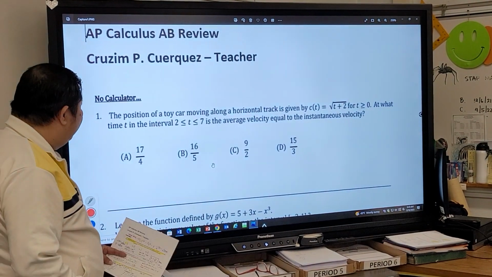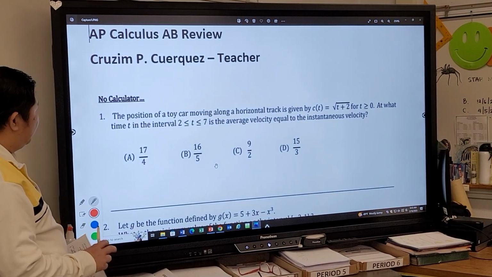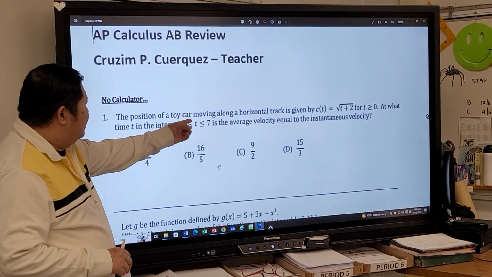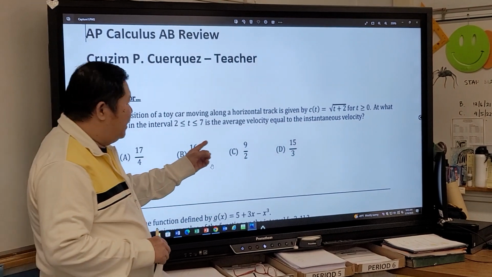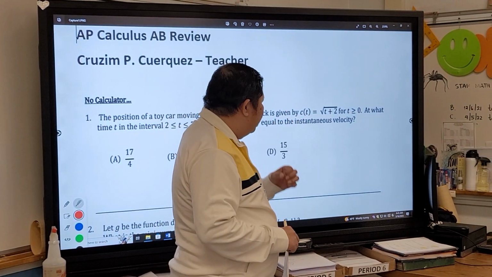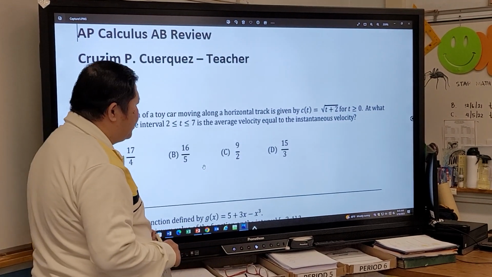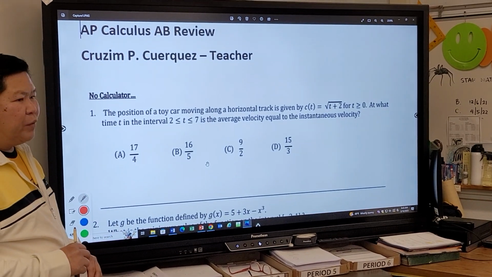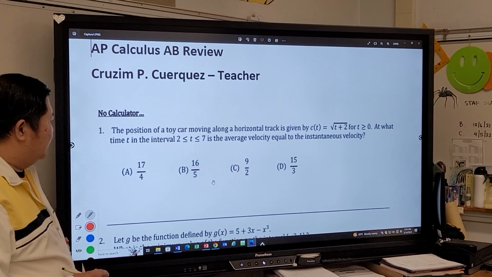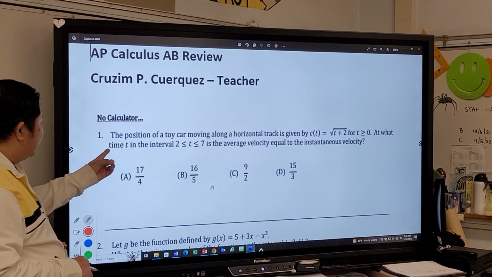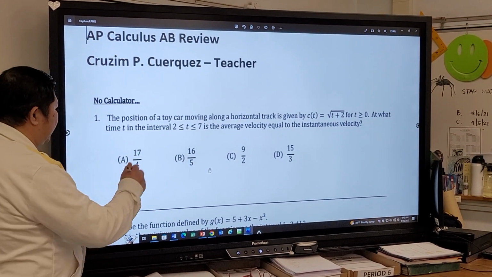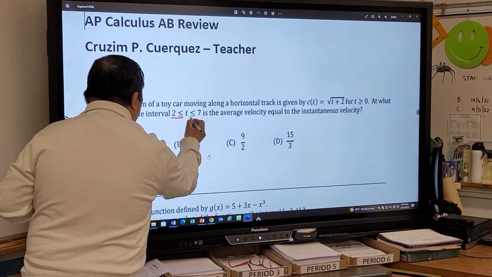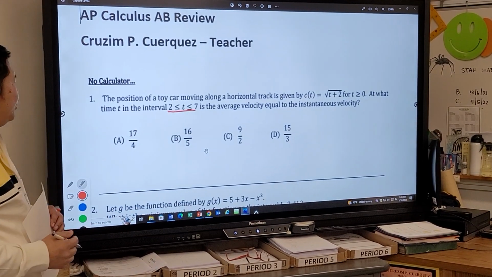Okay, so we have the position of a toy car moving along a horizontal track given by C(t) equal to square root of t plus 2 for t greater than or equal to 0. Question: what time t in the interval from 2 to 7?